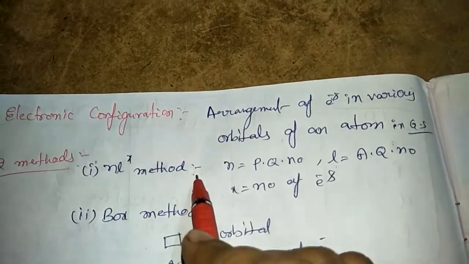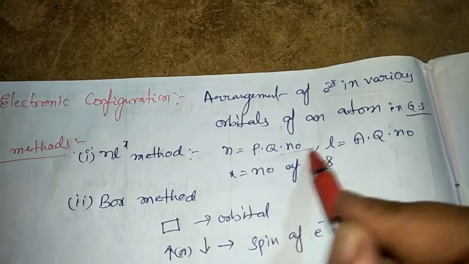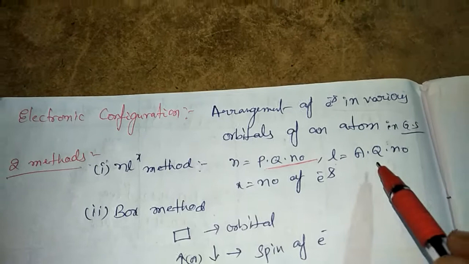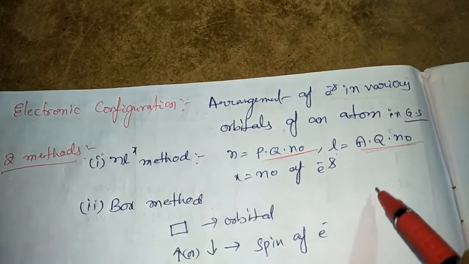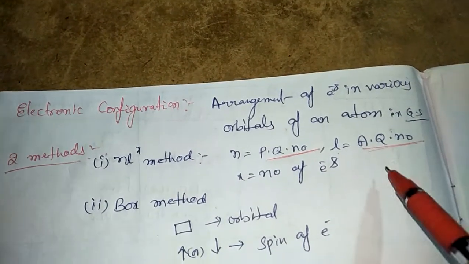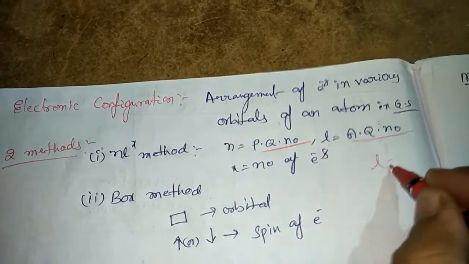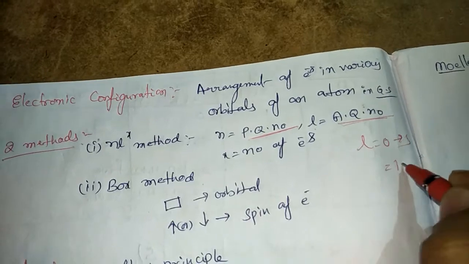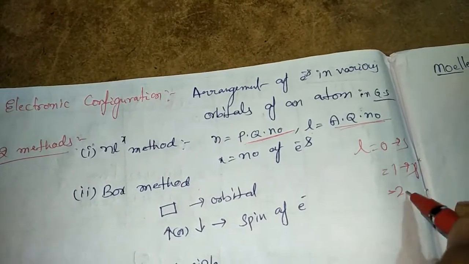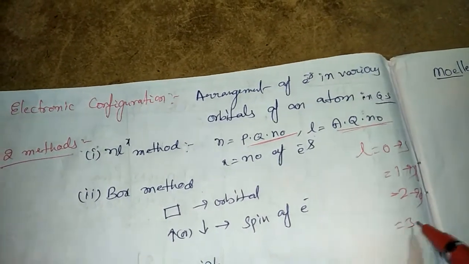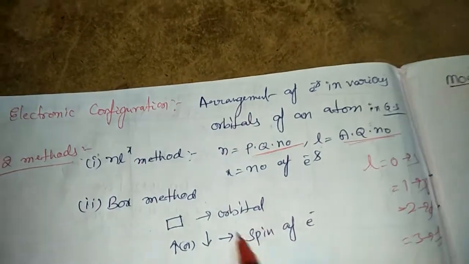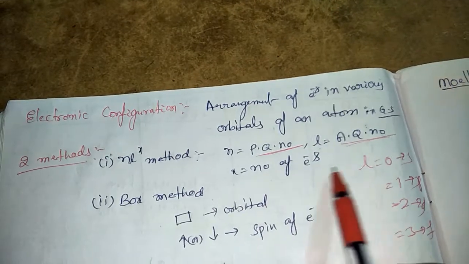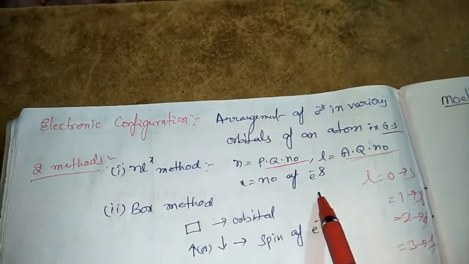In the nlx method, n is the principal quantum number, meaning 1, 2, 3, 4 like that. l is the azimuthal quantum number: if l value is 0, that is s orbital, l value is 1, p orbital, l value is 2, d orbital, if l value is 3, f orbital, like that. x is the number of electrons present in that particular orbital.